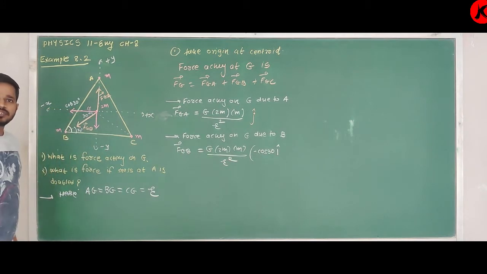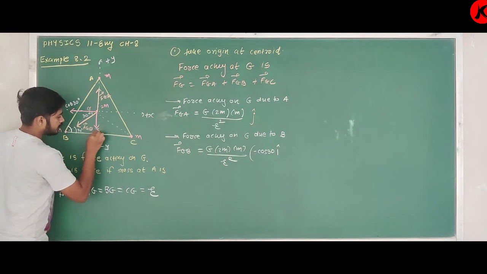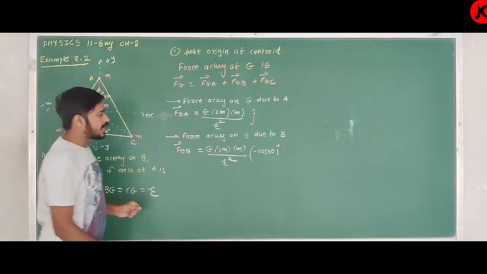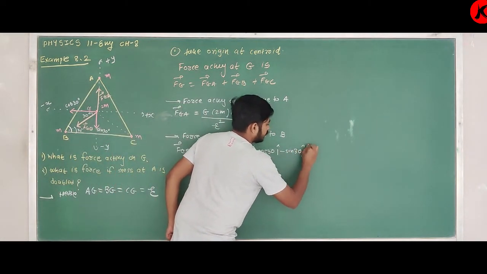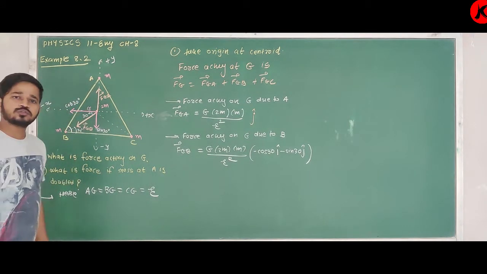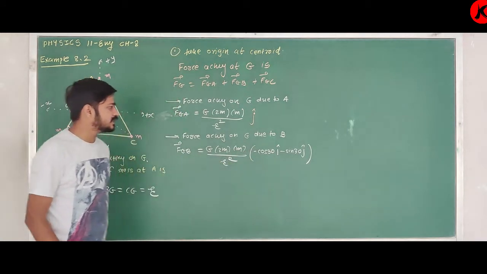Simple. So it is sin 30, and as it is along the negative y direction, I have to write minus sin 30. Any doubt? So minus cos 30 and minus sin 30.